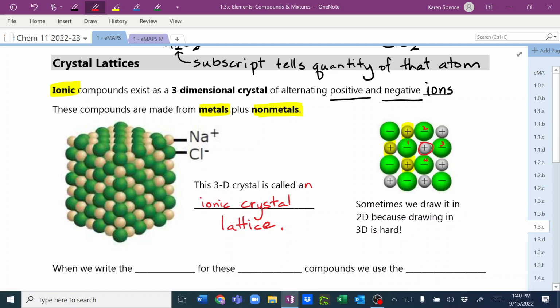And in between them, what kind of force holds them together? It's a force between ions. And it's causing them to stick together. Once again, don't think too hard.